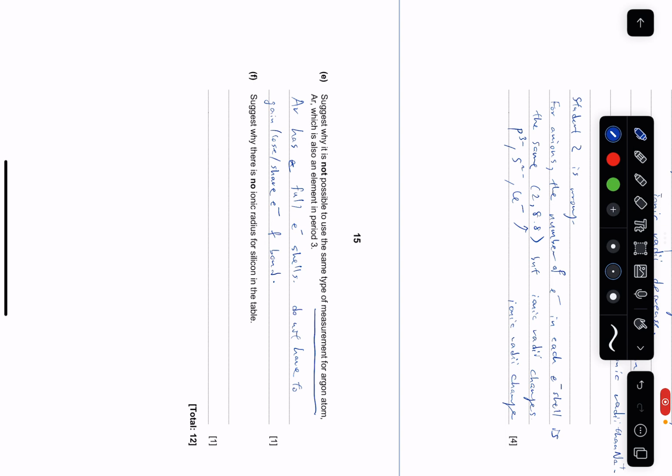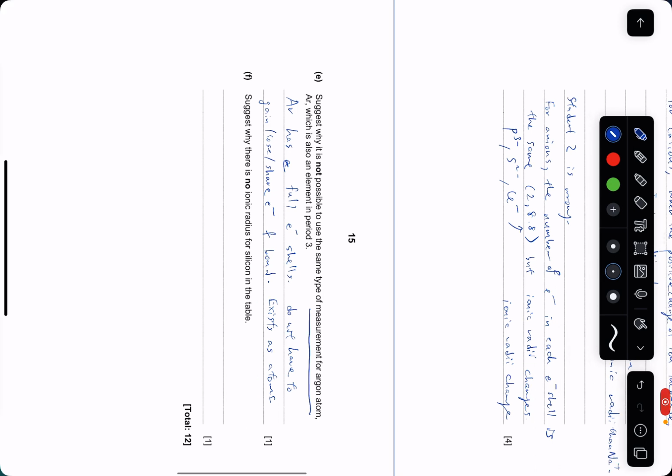Meaning it will exist alone by itself as atoms. So there's no molecules. How do you even measure? You can't measure.